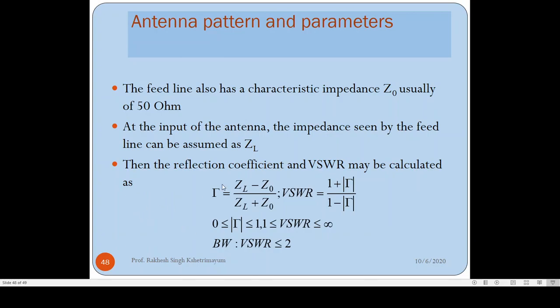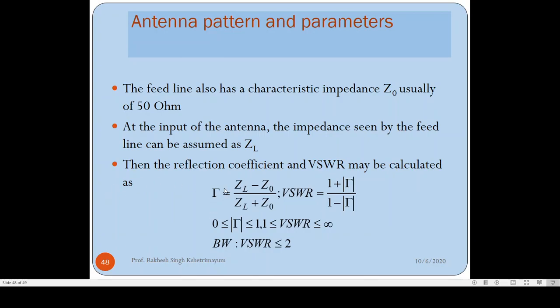So if the impedance of the antenna is ZL, you can find the reflection coefficient as (ZL minus Z0) divided by (ZL plus Z0). Z0 is the characteristic impedance of the transmission line. ZL is the impedance of the antenna. From there you can find out how much of the signal is reflected back to the source when you put the antenna at the end of the transmission line.